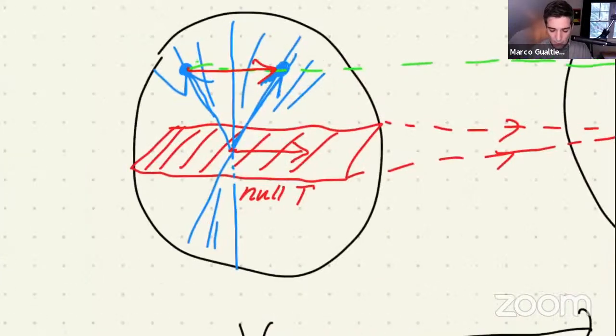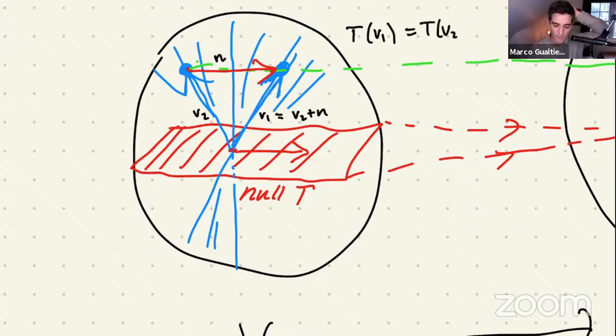You could think of it this way: let me call this one V1, and let me call this one V2, and let me call this one N. So if V1 is V2 plus N, and if I apply T to V1, what am I going to get? T of V1 is equal to T of V2 plus T of N. But this is 0 because N is in the null space.